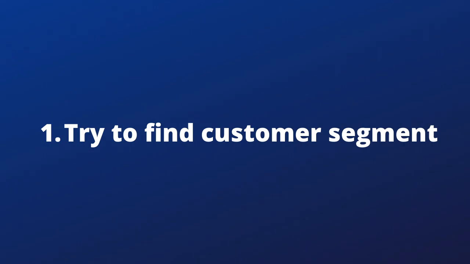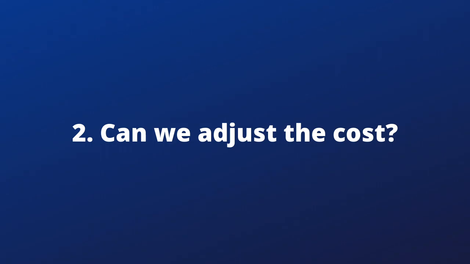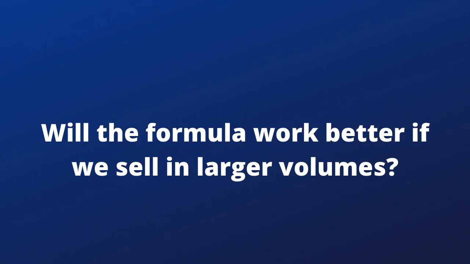Number one, we can try to find a customer segment that perceives a higher value. Number two, we can go back to the cost structure and ask ourselves, is there any way that we can change the reality of cost of producing and distributing the value proposition? For example, will the formula work better if we sell in larger volumes?